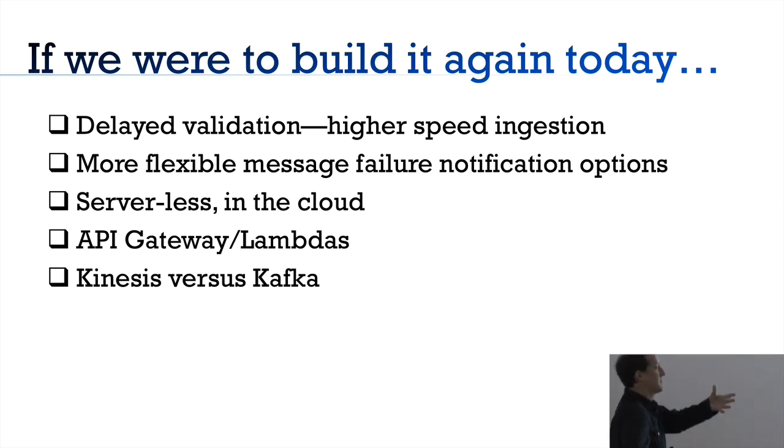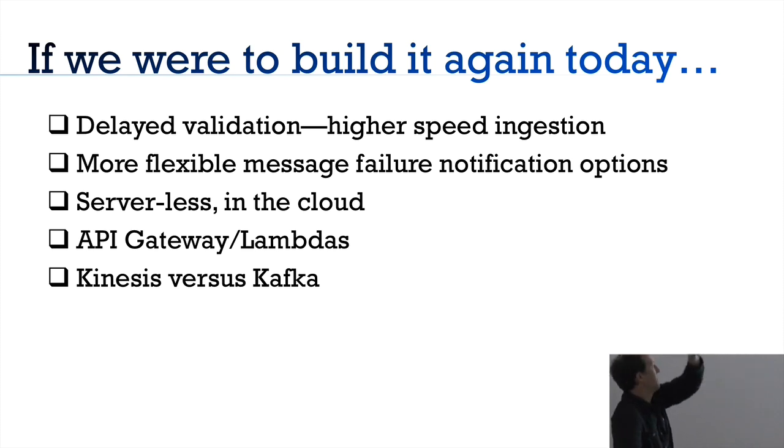So you can basically just declare an endpoint as a REST endpoint, publish messages to it, pipe those messages into a Lambda on a server that you don't own or care about, and then the Lambda can handle it. That Lambda can have direct access to a database if you so choose, or it can publish those messages into a queue if you want to buffer, and then you can have another Lambda listening to the other end of the queue, and that Lambda can be the one that actually does the persistence.